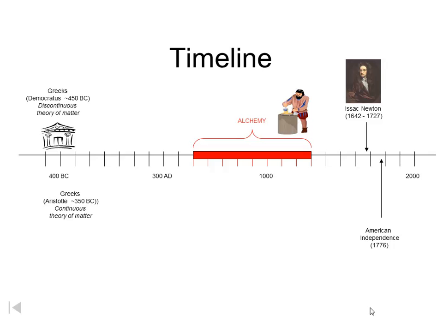So this is our timeline. I like that sound effect. Pretty good. Okay. So from the ancient Greeks up until the Middle Ages, nothing really happened in chemistry. I know. Sad. Okay?